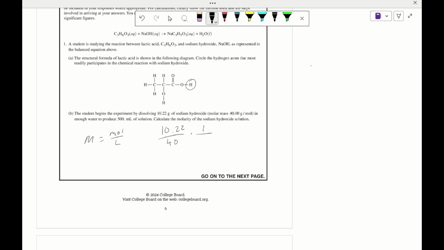So you convert milliliters to liters, which would be 0.500. 10.22 divided by 40, divided by 0.5, which gives us 0.511. So three significant figures, so 0.511 molar.